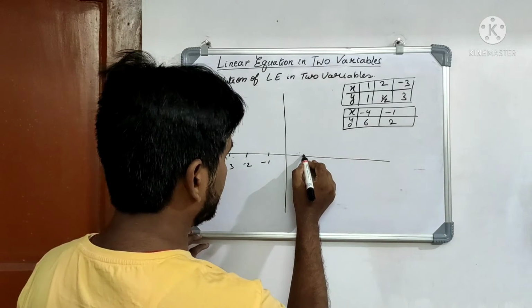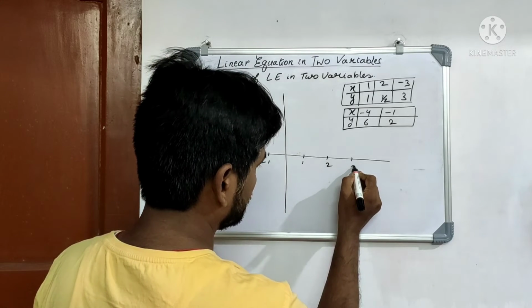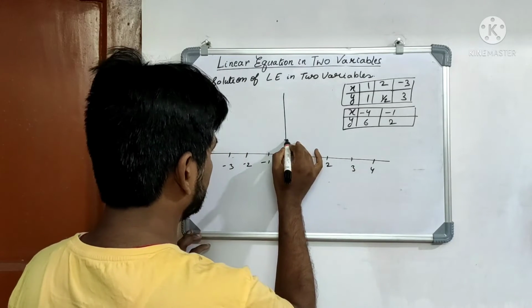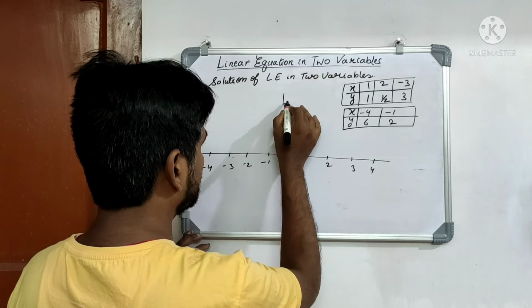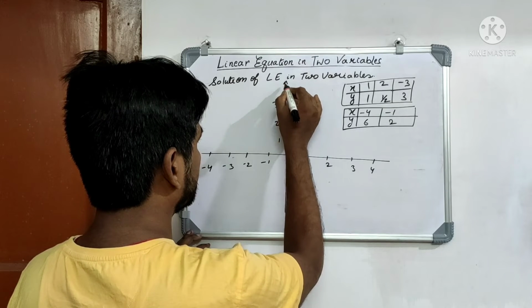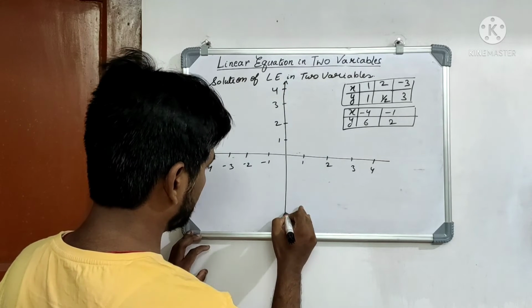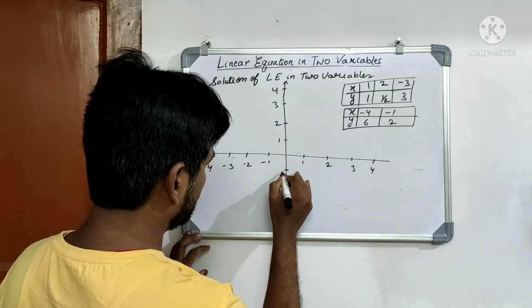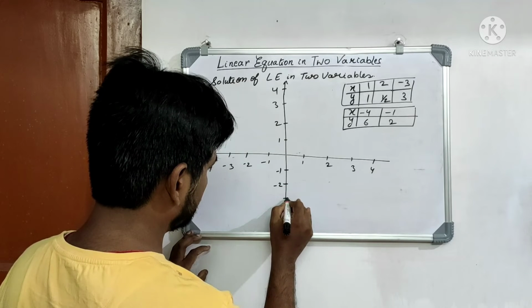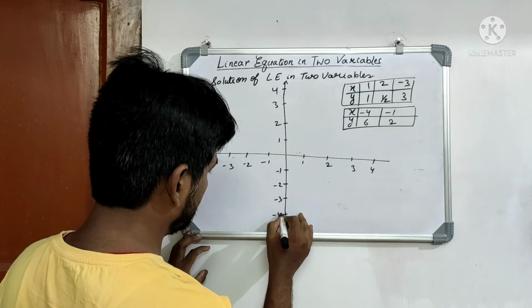Again we are moving towards the x-axis, that is 1, 2, 3 and 4. Similarly, I am going to take 4 points on the other side, -1, -2, -3 and -4.